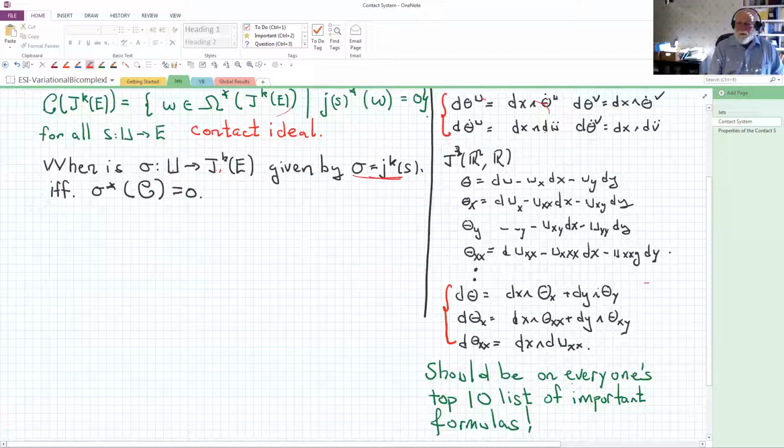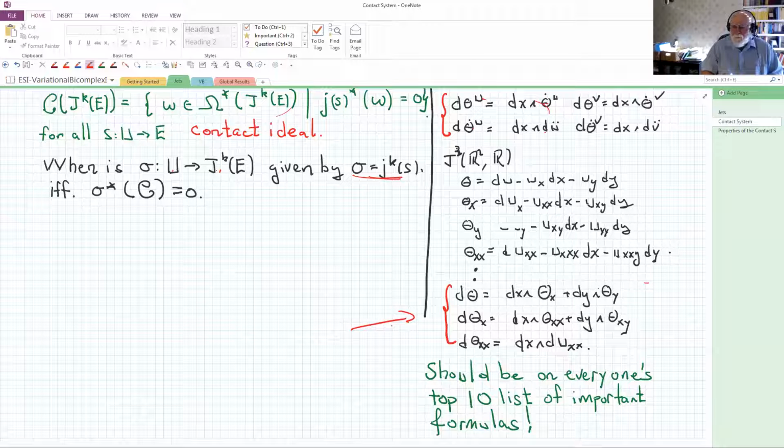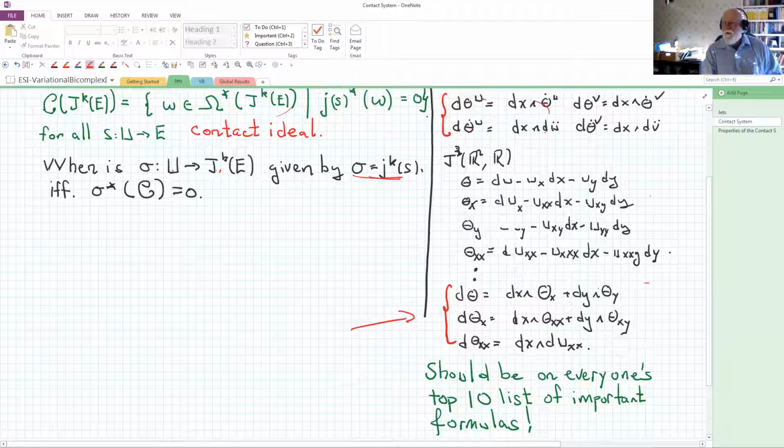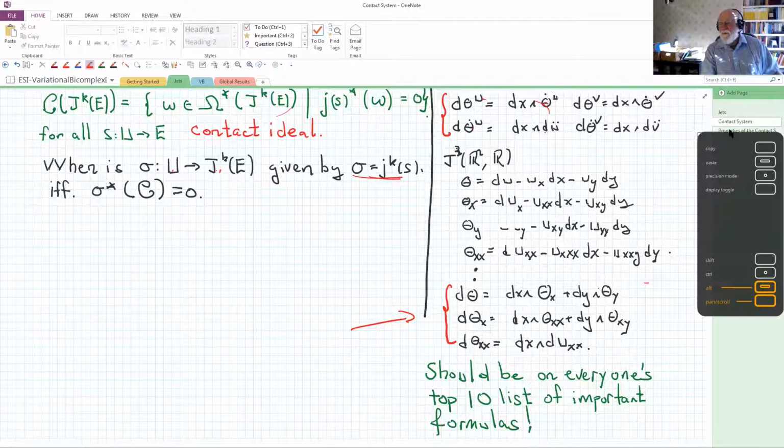I made an editorial comment that the structure equations for these contact forms are very important in variational calculus and many aspects of differential geometry. Somehow these formulas for the structure equations for the contact ideal are on the top 10 list of important formulas in differential geometry, I think.